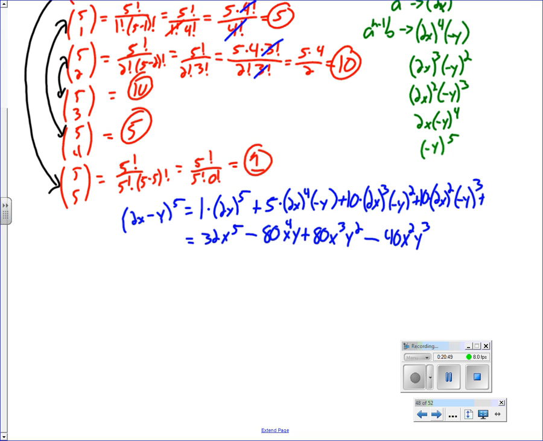Then two more terms. The next term coefficient would be 5, and the power piece would be 2x to the first negative y to the fourth. So negative y to the fourth would be a positive, and then 5 times 2 makes 10 x y to the fourth. And then my last term is just that negative y to the fifth with coefficient 1, which will just be negative y to the fifth.